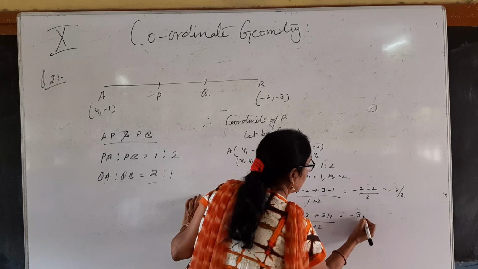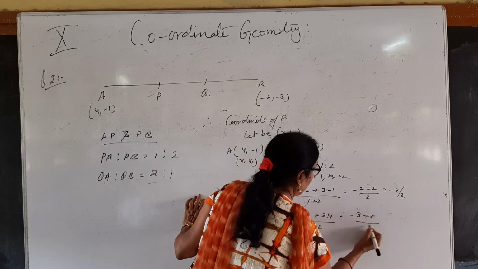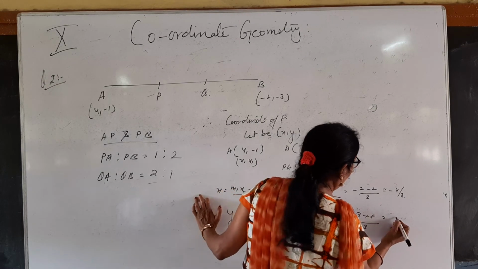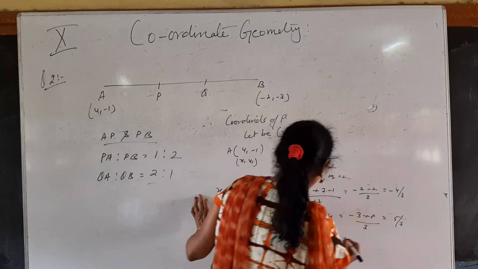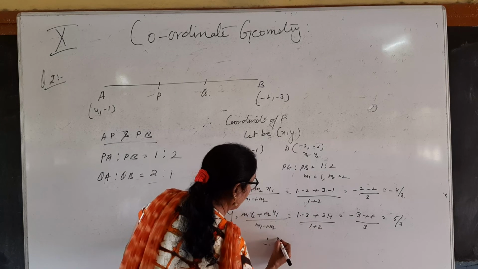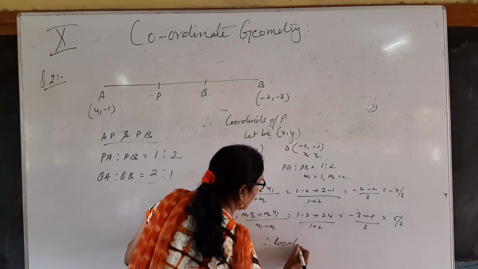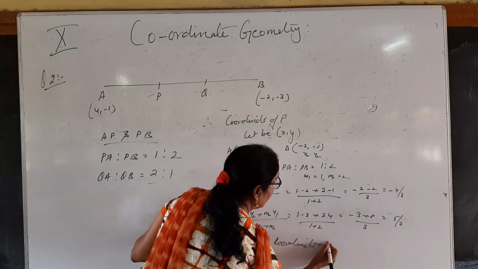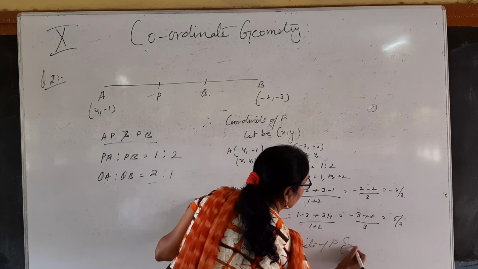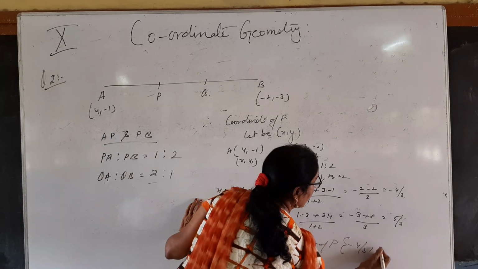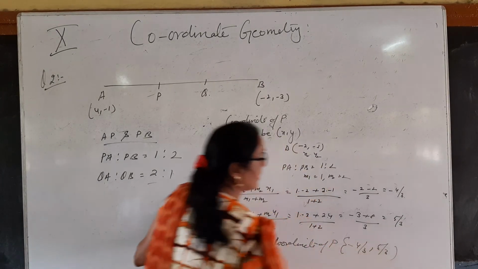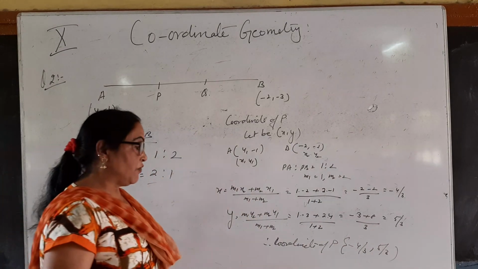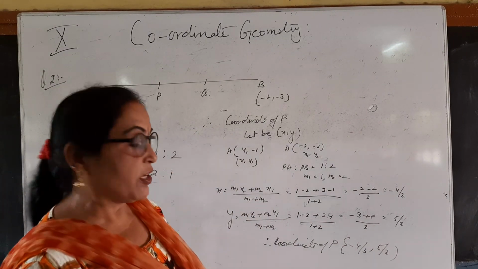So (−3 + 8)/3, so it is 5/3. Therefore the coordinates of P will be (−4/3, 5/3). So we have got the first coordinate of P.